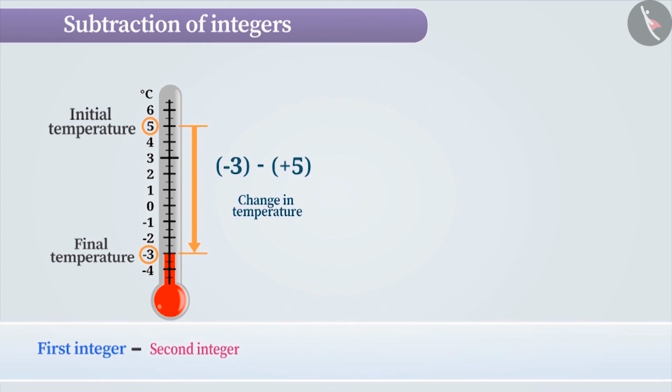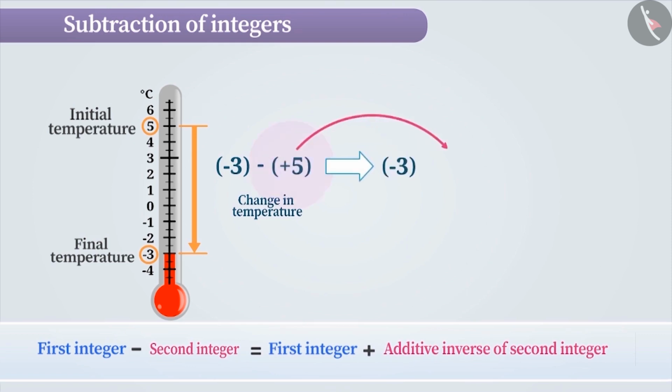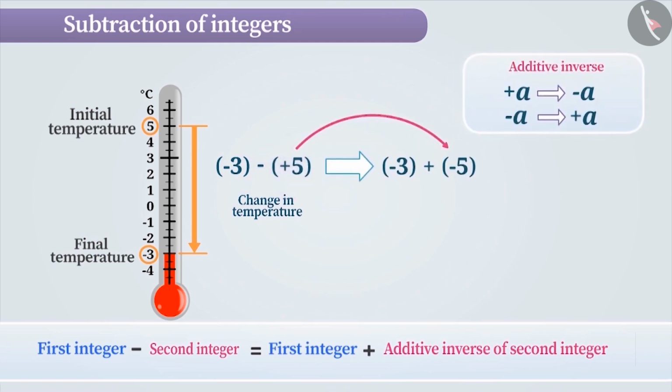In this case, if we want to subtract +5 from -3, then we add to -3 the additive inverse of +5. That is, we add -5. And we've already learned how to add integers. Here, the addition of -3 plus -5 is -8.